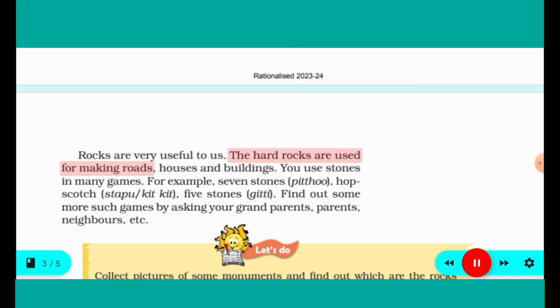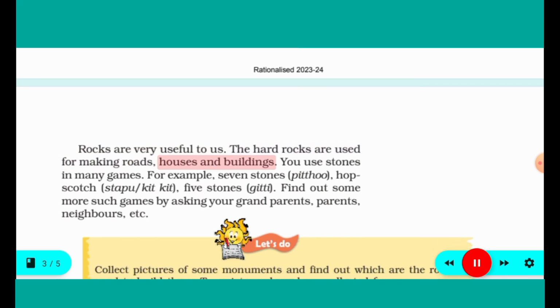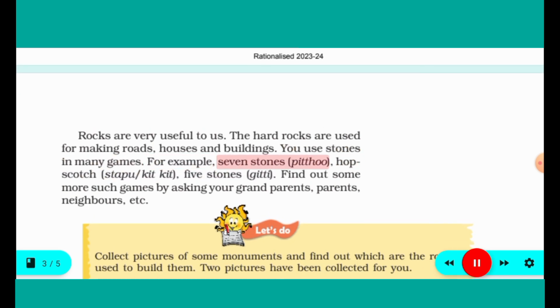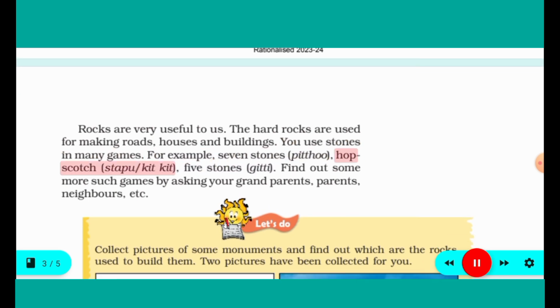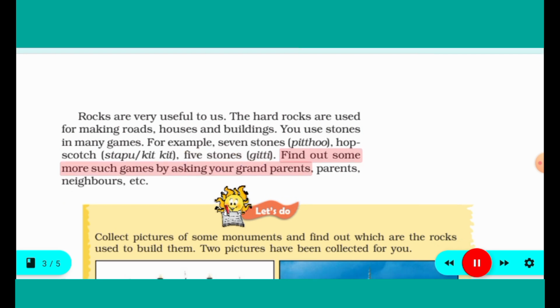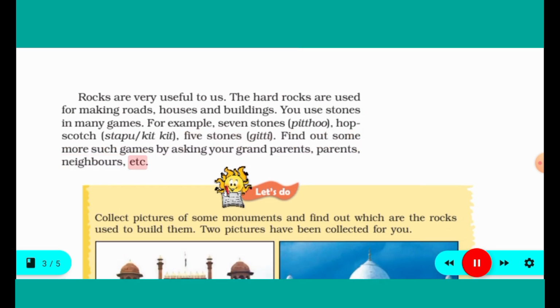The hard rocks are used for making roads, houses and buildings. You use stones in many games. For example, seven stones, Pithu, hopscotch, Stapu, Kit-Kit, five stones, Gitti. Find out some more such games by asking your grandparents, parents, neighbors, etc.